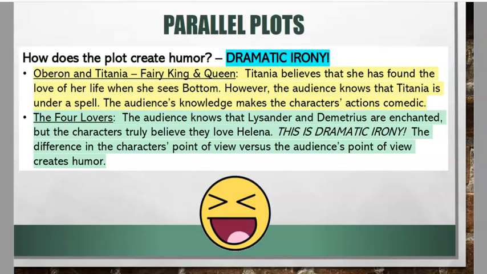Puck gives him the head of a donkey. We know that Oberon has given Titania this magic love potion so that when she sees Bottom, she falls in love with him. Bottom doesn't know what's going on. Titania doesn't know what's going on, but we do as the audience, and so therefore it makes it funny.